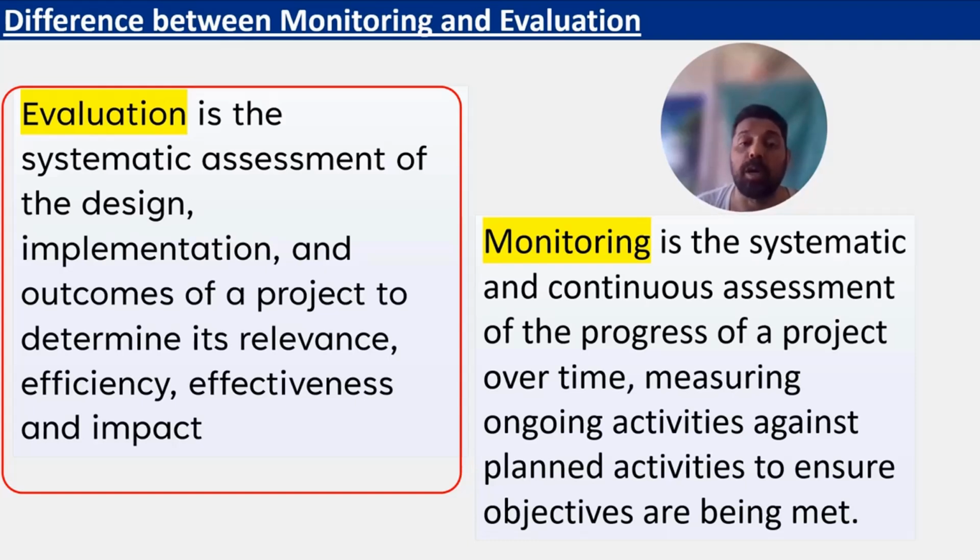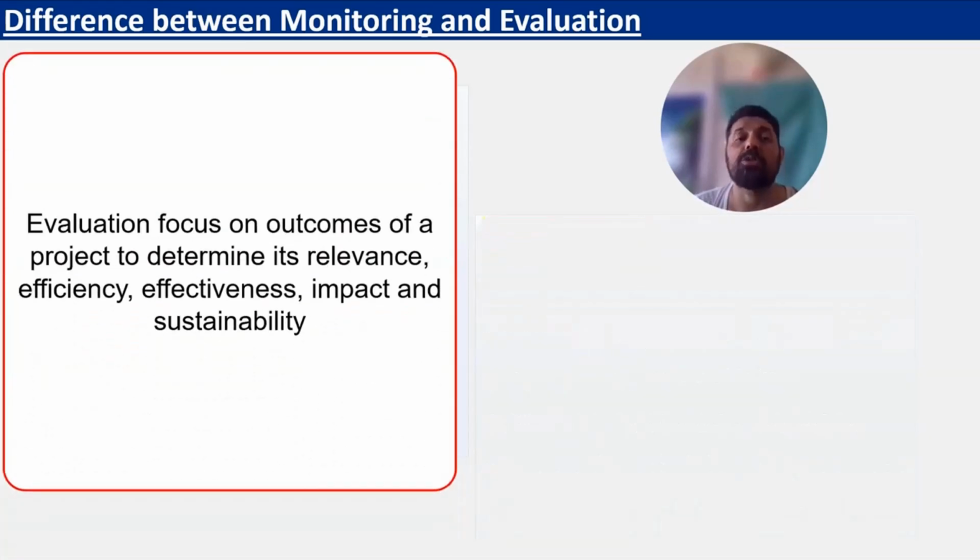Now in evaluation, you will see whether the project activities and indicators that we track during monitoring have some impact on the beneficiaries or not. So in the evaluation, we see the outcomes of a project.